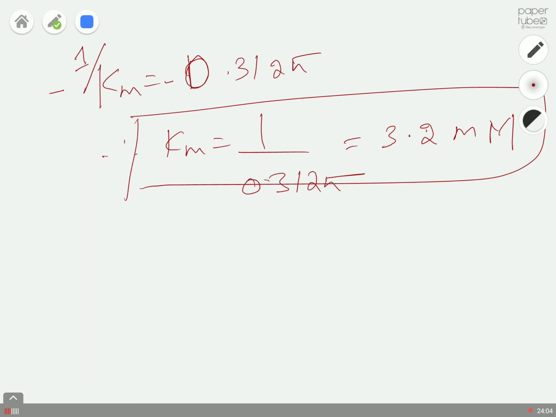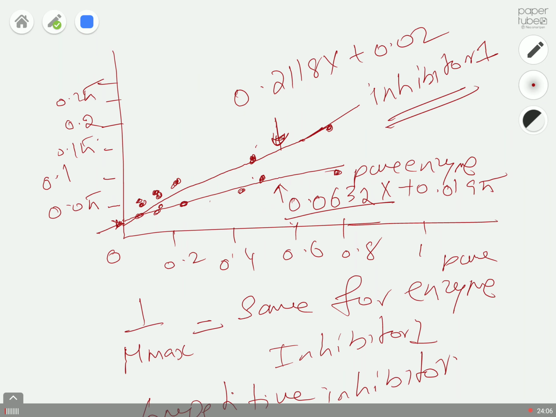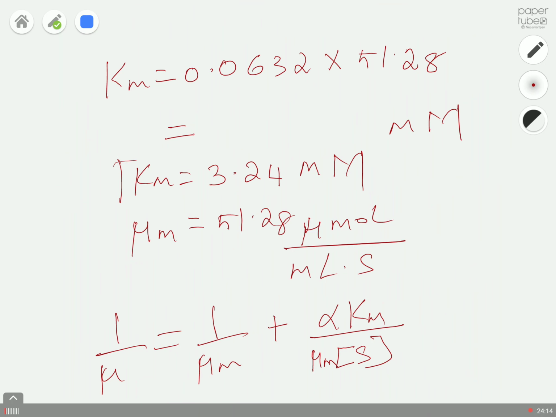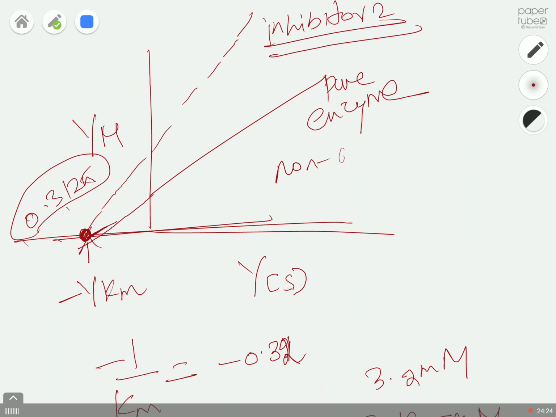So this is not surprising, because if you go back to your pure enzyme on the previous page, you already calculated your km value, which is around 3.24 millimoles. So what does this mean? It means your inhibitor 2 is a non-competitive inhibitor.